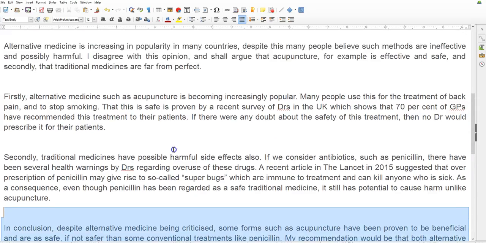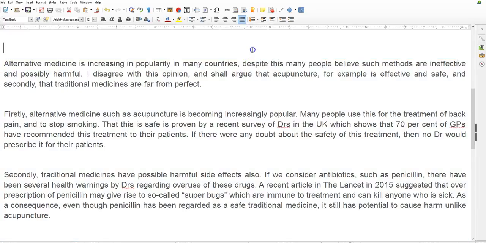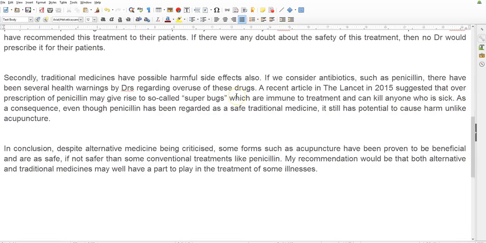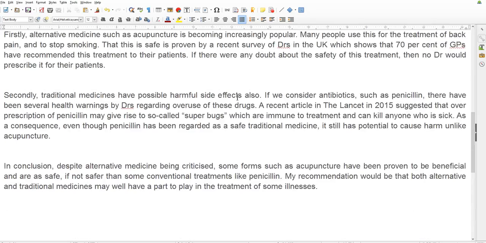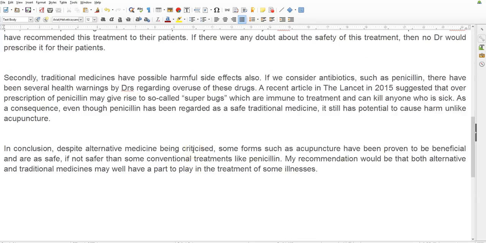Now let's just check the word count. So we've got 259 words. That's not too bad. It's a little short, it's a little bit sparse. I've only done 29 minutes now, actually less than 30 minutes.